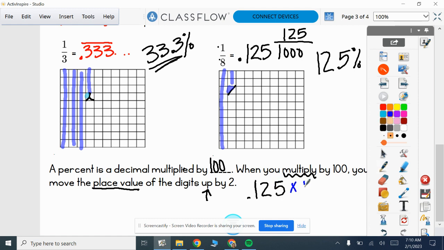When we multiply that by 100, you're going to increase the place value. So that's going to go to the 1 spot and then all the way there. So you're left with 12.5%. So you move the digits up by 2.